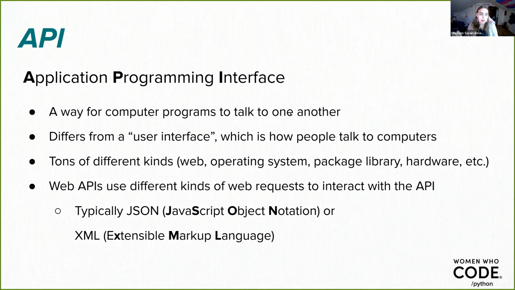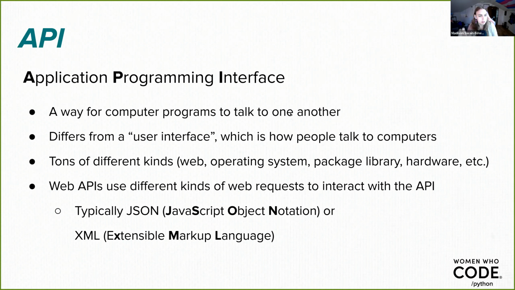On the web API front, web APIs use different kinds of web requests to interact with the API. So most of the time, this happens in JSON, which is short for JavaScript Object Notation. It's sort of a language specification for handling these communications.